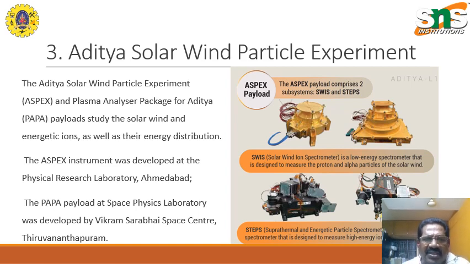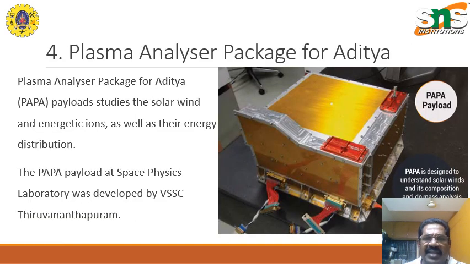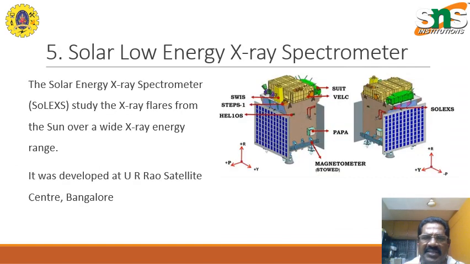There are two things, the PAPA as well as the ASPEX. The ASPEX instrument was developed at the Physical Research Laboratory, Ahmedabad, and the next one, the Plasma Analyser Package for Aditya, which also studies the energy distribution, was developed by Vikram Sarabhai Space Centre at Trivandrum. These are designed to understand the solar wind and its composition and do mass analysis.